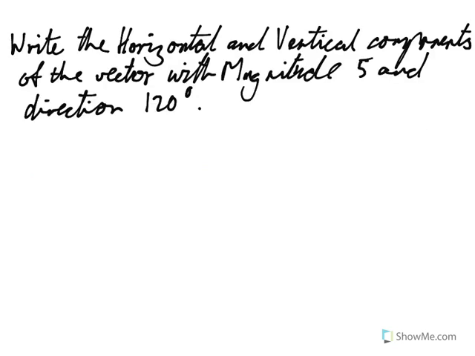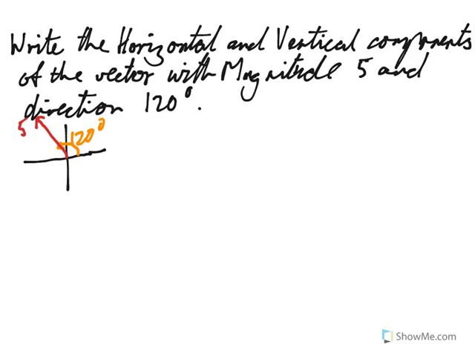Okay, so here's that example. Write the horizontal and vertical components of the vector with magnitude 5 and direction 120. So if we do a quick little bit of a sketch there, the angle's 120, positive x-axis, that's that there. And there it is out there, its magnitude is 5.